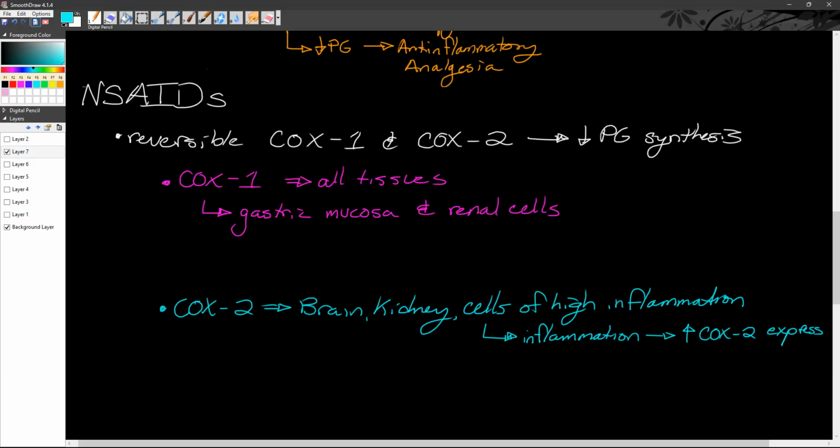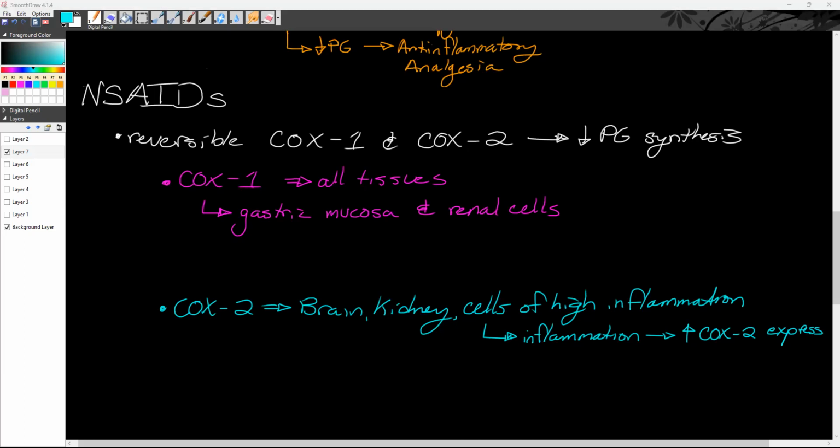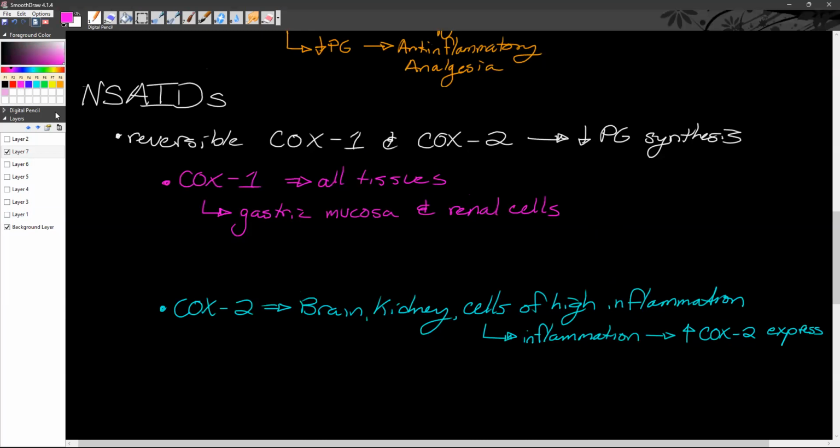For example, in the stomach, in the gastric mucosa, the predominant prostaglandin that's produced is PGE2.